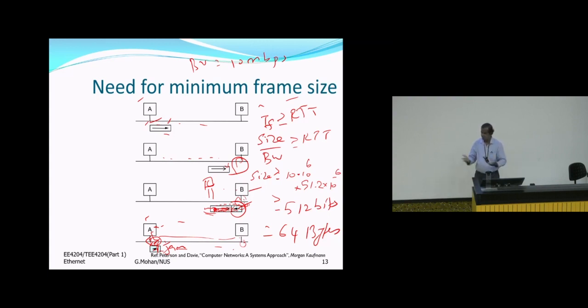So that's very difficult, because, okay, in this example, there's only one jam signal. But it may so happen that, as I said, if the collision happens with C as well as B, both will be generating jam signal. That's good. A can receive some bits from the other side, it still transmits, it can detect it. But if it tries to read the bits and count the bits, it doesn't work. Is that clear?